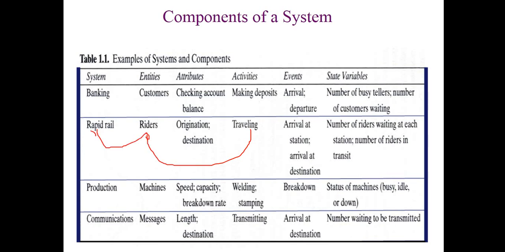So our entity is rider and the system is rapid rail. So for what purpose did the rider come to the rapid rail? For traveling. Okay, so activity is traveling. So you can put down some more activities as well. Then event. So we can explain state, then we will explain event.